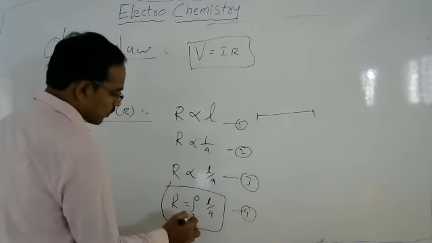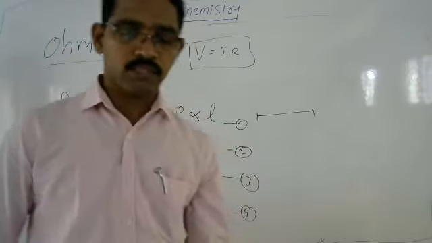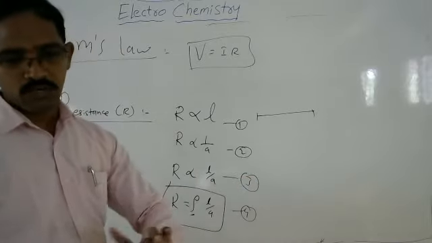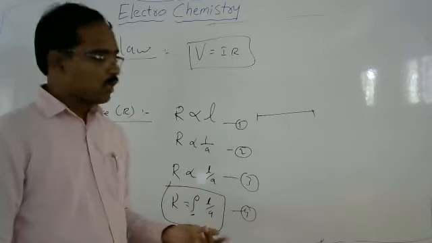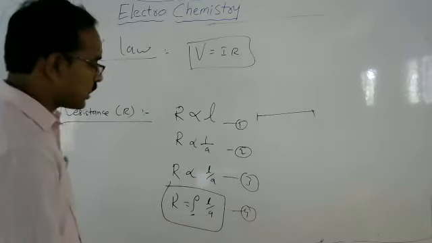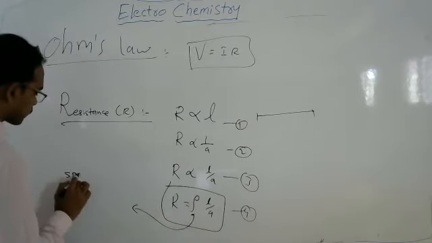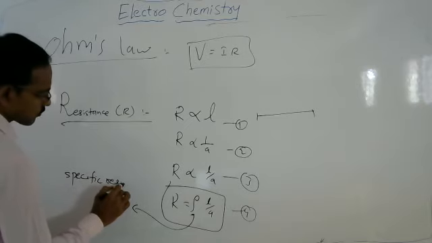What is rho here? Rho is some constant. Rho depends on the substance. Suppose iron wire is there, iron wire's rho is different. Copper wire's rho is different. Aluminum wire's rho is different. It is known as specific resistance.